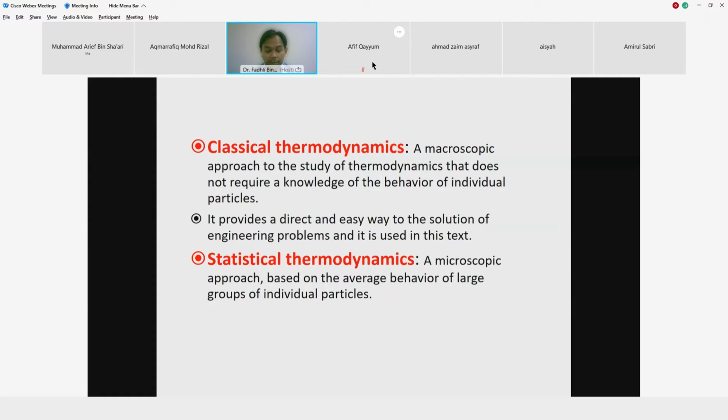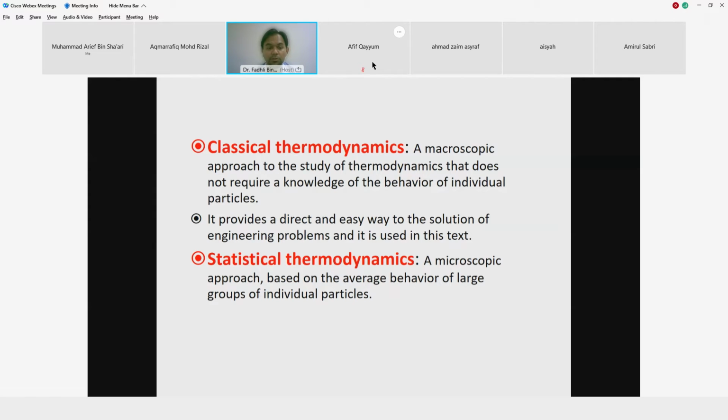So for the statistical, we analyze the individual particles, how the atoms or molecules move from one position to another position, whereby when the particle moves, it brings kinetic energy, for example.